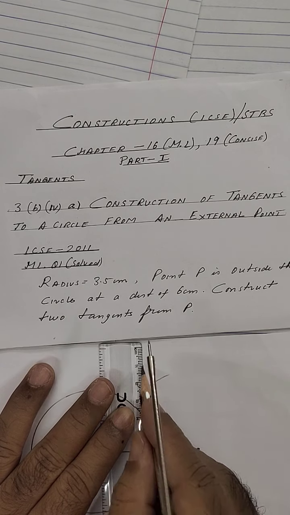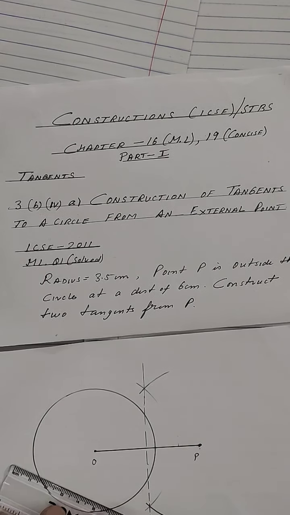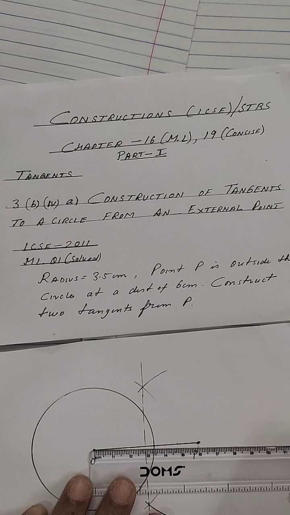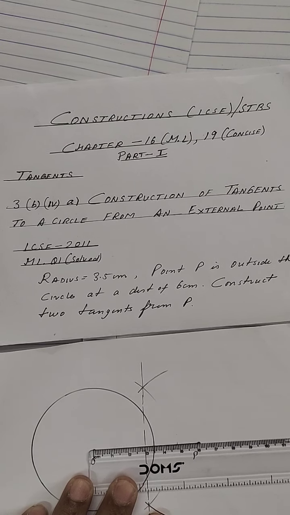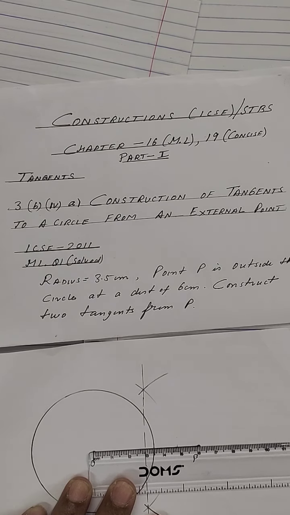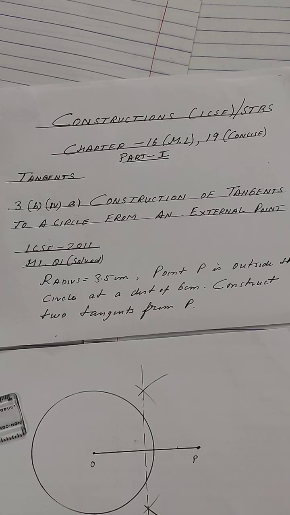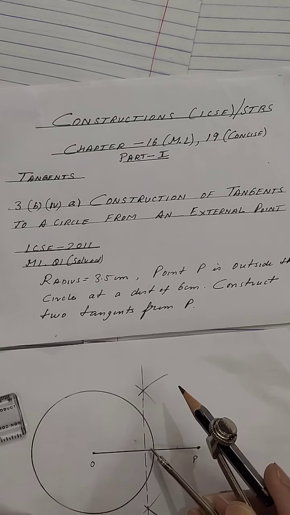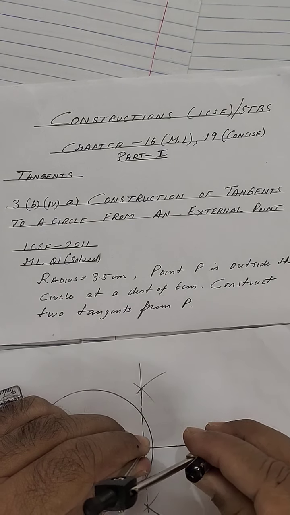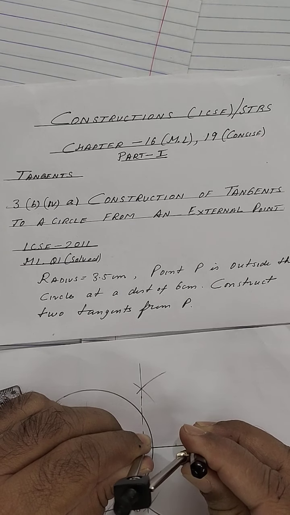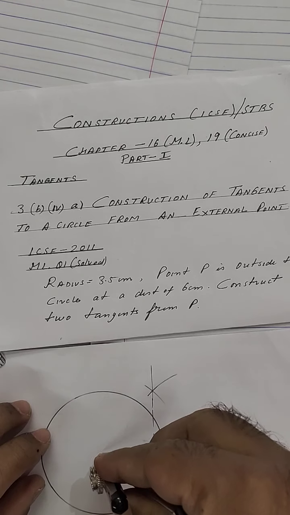What we get here is both the perpendicular and the bisector. If you check, this is exactly 3 somewhere. So this is the perpendicular bisector of line OP.